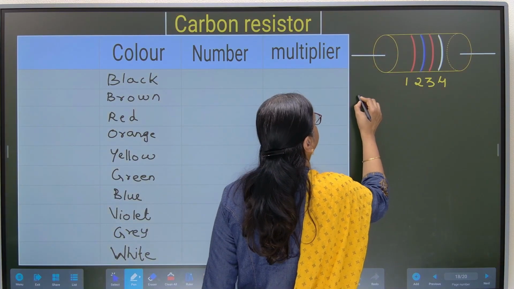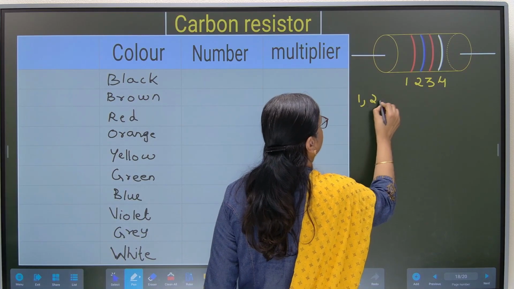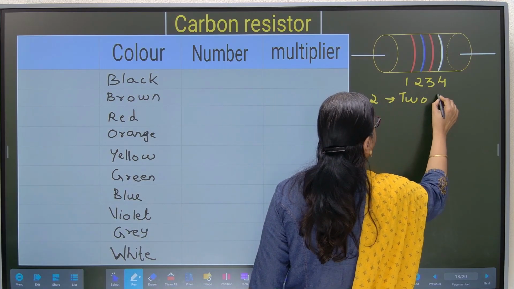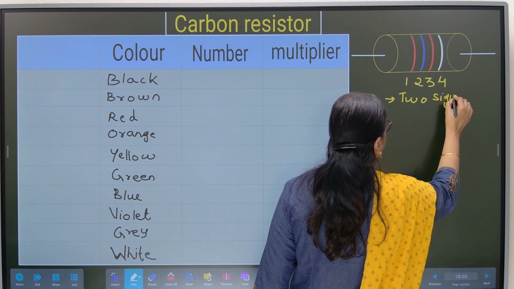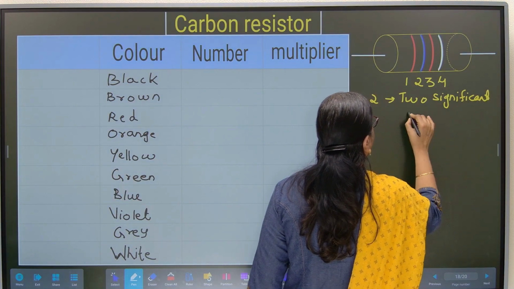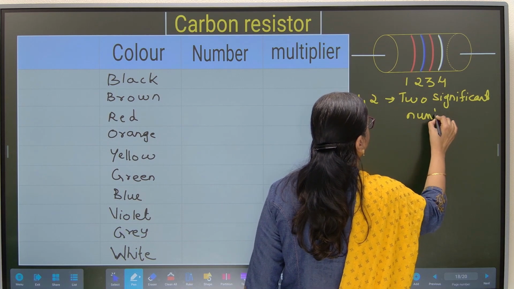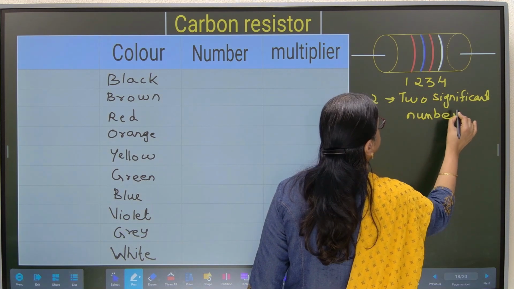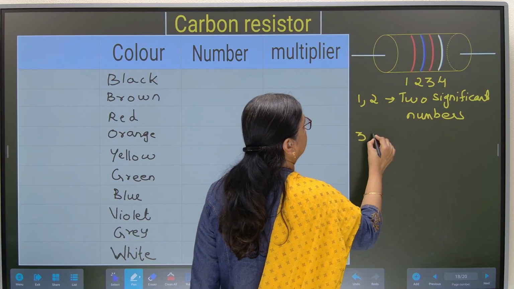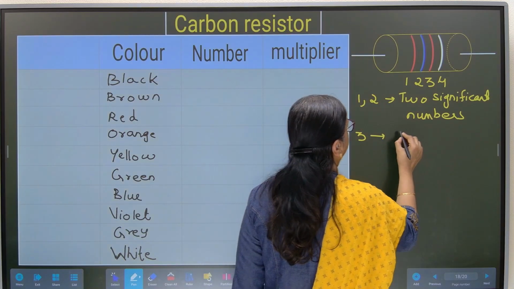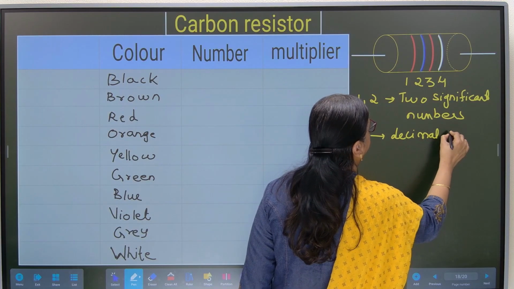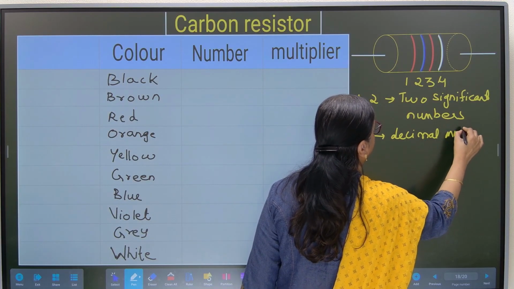Now band number 1 and 2 are the two significant numbers of the value of the resistance. Band number 3 indicates the decimal multiplier. In short, you can say power of 10.